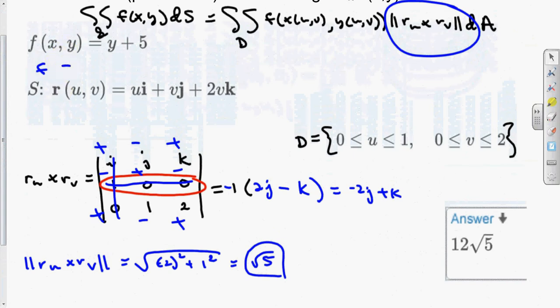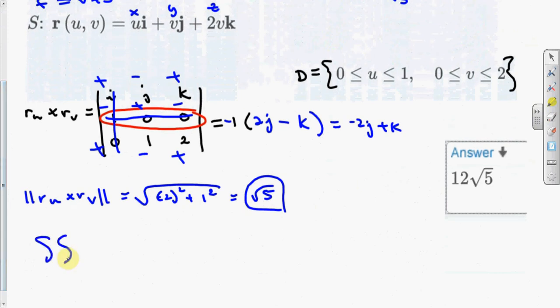So f becomes u plus 5, but look, this is x, and this is y, and this is z. So this is y plus 5, and the y here is v, so this is v plus 5. So the function that I'm going to evaluate is v plus 5 there, and then that norm is the square root of 5.